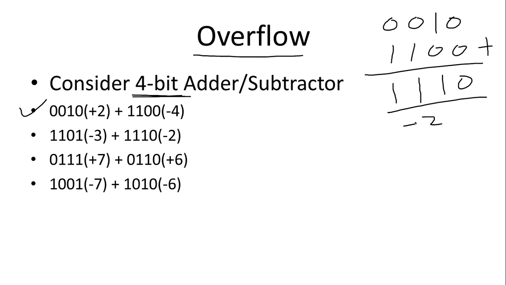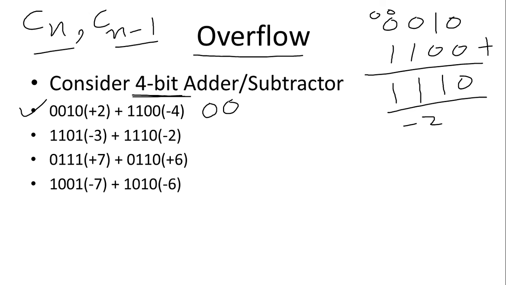And the carry from the last two bits was 0 and 0, so there were no carries. For all these additions, the carry was 0. So for that, we need to consider the last carry Cout and the second last carry C(n-1). Here, the last two carries are 0, 0, and there was no overflow, the value is correct. So for 0, 0, there is no overflow.